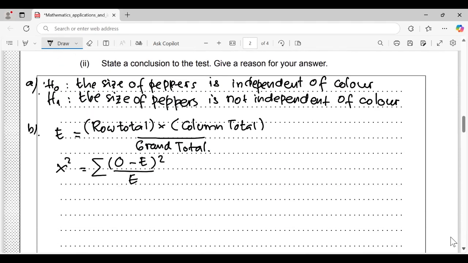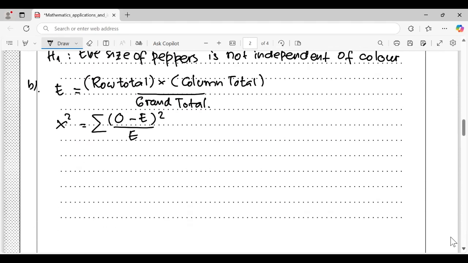Actually, you can use your calculator to calculate this, but I would like to show you how we calculate it manually. I'm going to start from small red. The expectation here is 78 times 95 over 300.